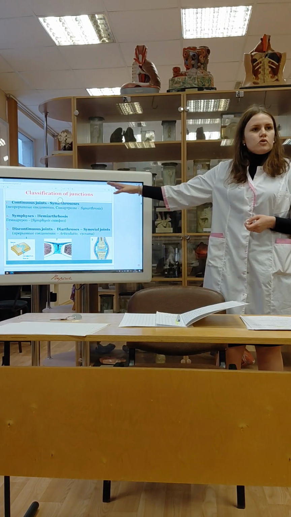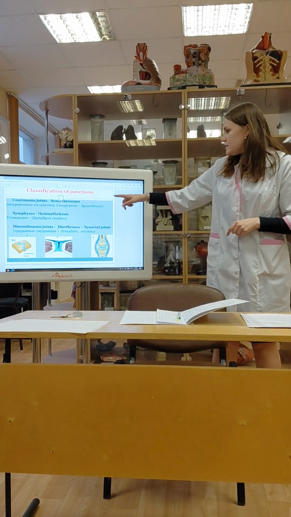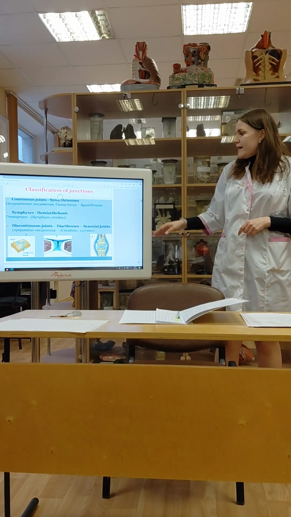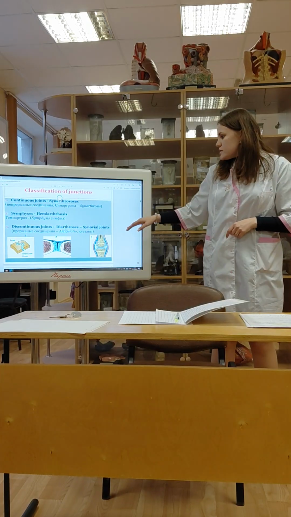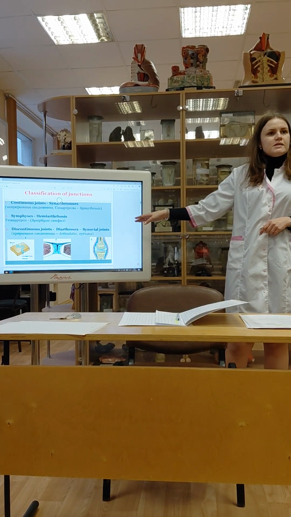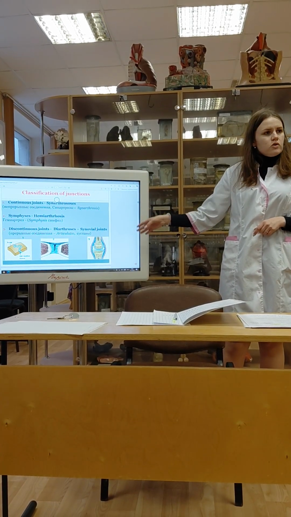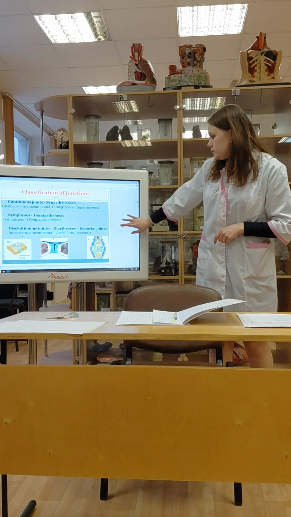It's synarthrosis. Not synovial, no movement. The second group is hemiarthrosis. This group is located between continuous joints and discontinuous joints. And the last group is diarthrosis. These are discontinuous synovial joints: knee joint, elbow joint, ankle joint, so movement joints.